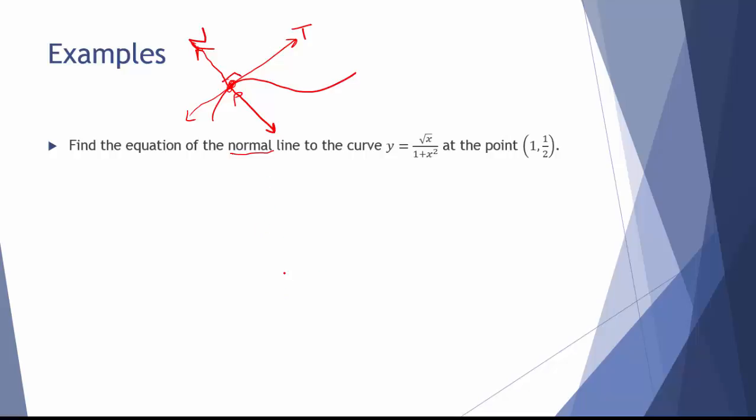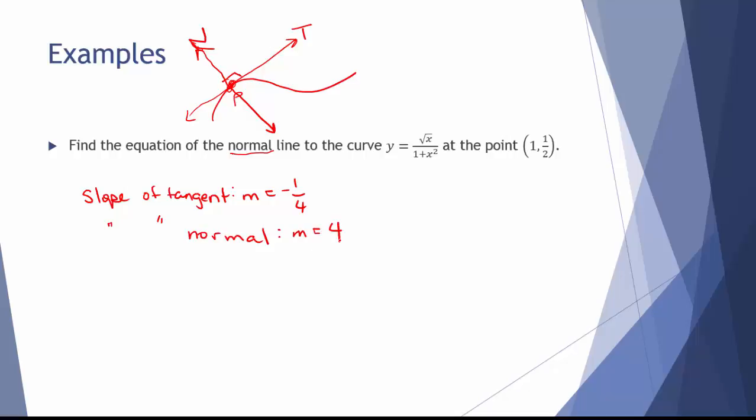They come at a right angle to one another. So if two lines are perpendicular, what's the relationship between their slopes? They're opposite reciprocals. So what we know from the previous example is that the slope of my tangent line was negative 1/4. So what does that tell me the slope of my normal line is going to be?